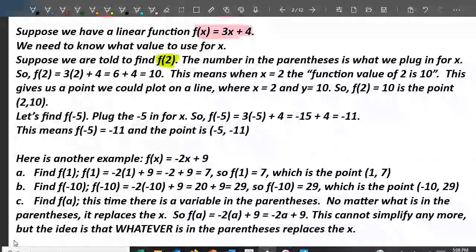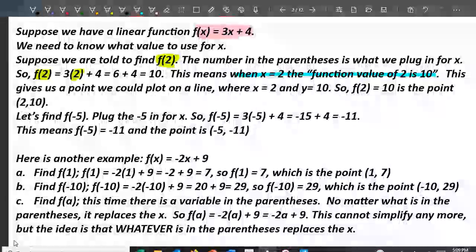So here is f of 2. Everywhere the x is, I'm going to put a 2. There was only one x in here, so that's all we have. Then we simplify that, and we get 10. 6 plus 4 is 10. What this means is, when x is 2, the function value of 2 is 10.